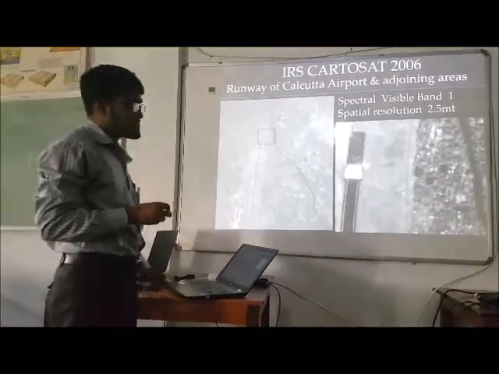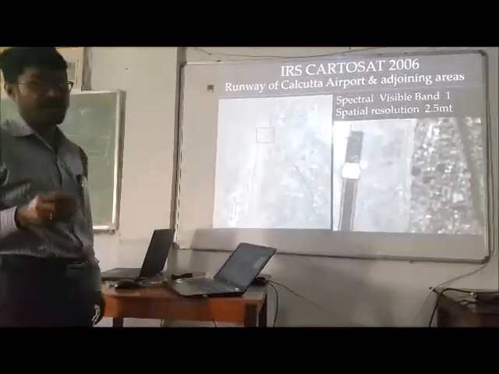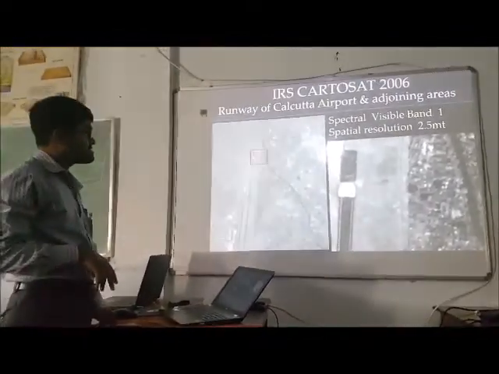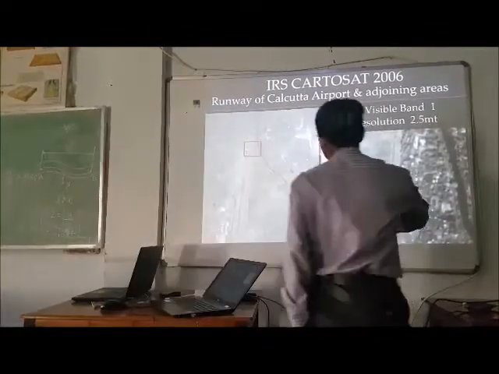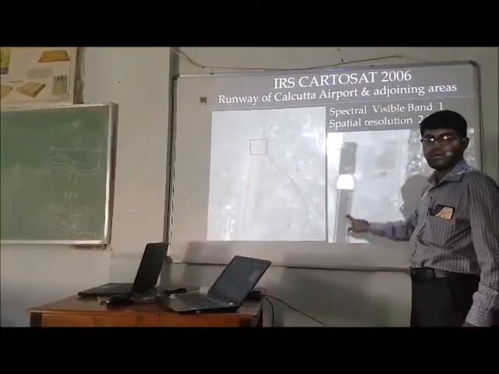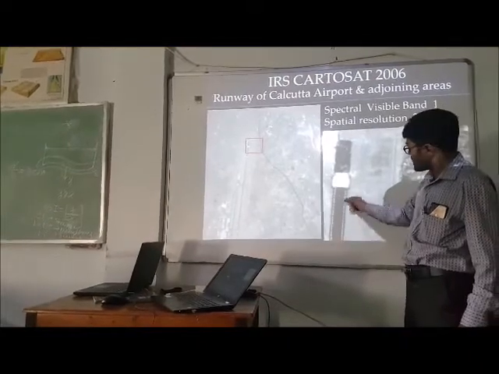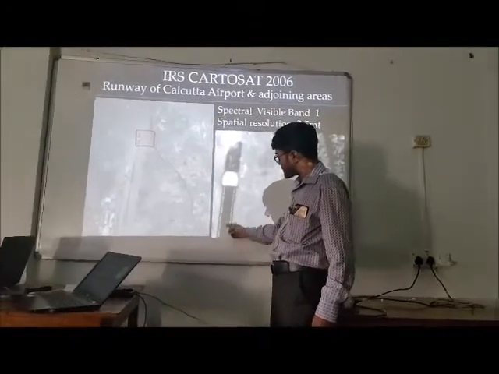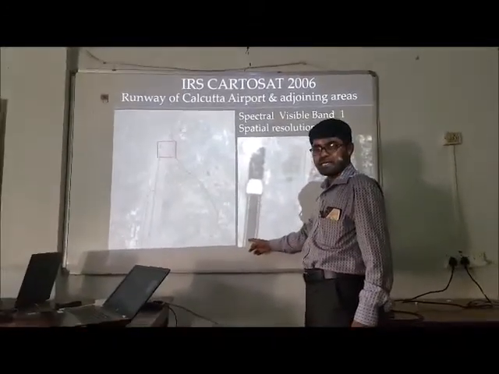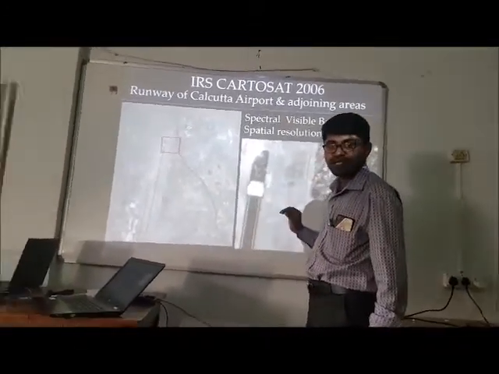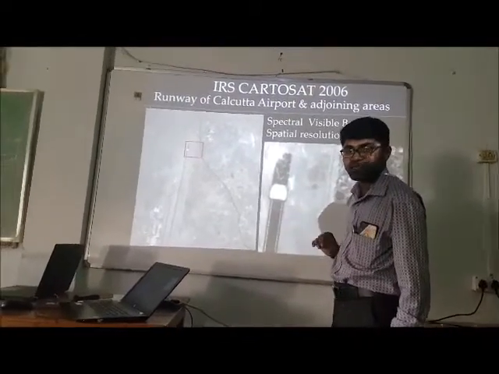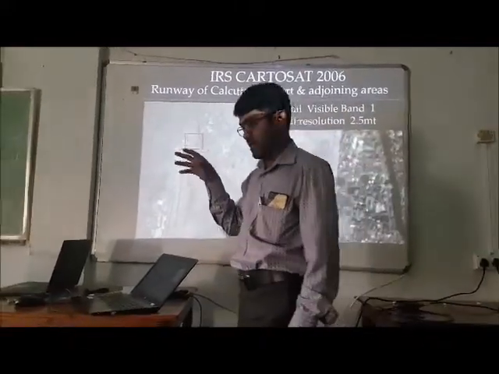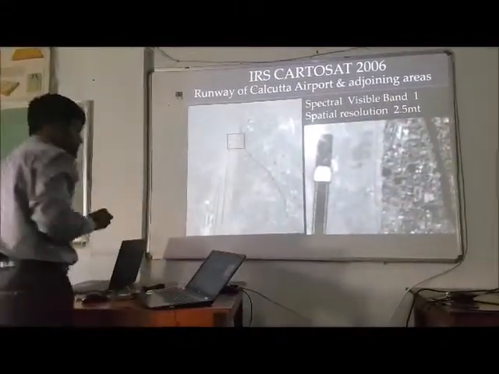Its spatial resolution is 2.5 meter, and from this image we can detect even a thin line along the runway. These small characteristics of the runway cannot be detected in Landsat TM or IRS P6 image because those bands have 30 meter spatial resolution.